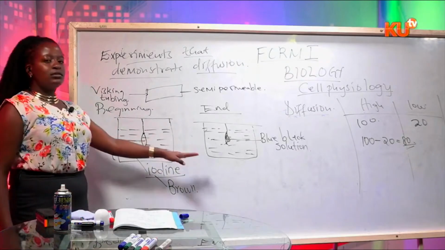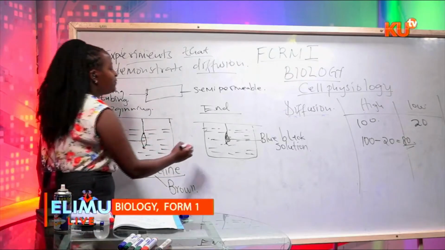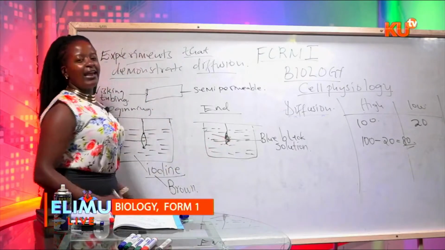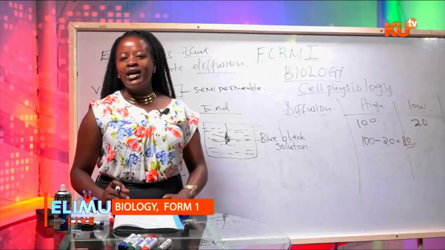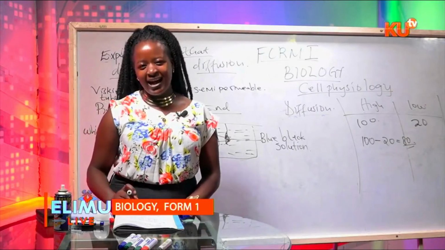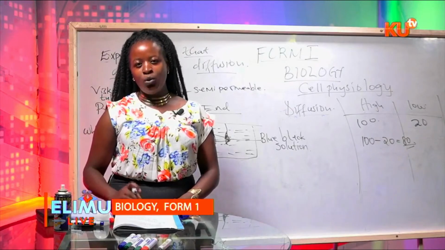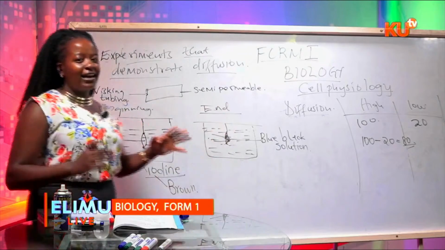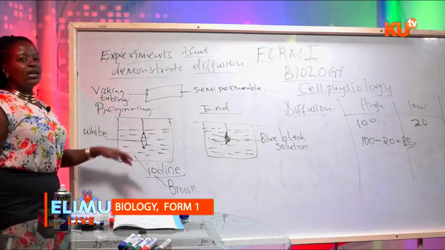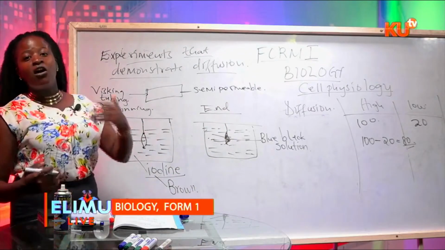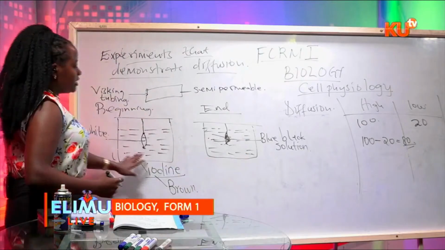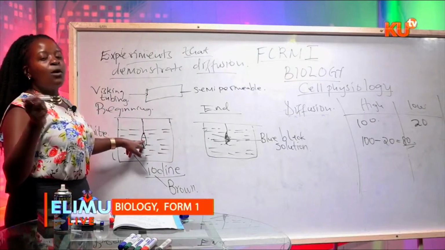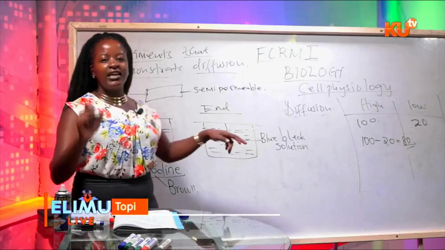So the molecules of iodine will diffuse into the starch solution, and this iodine will react with the starch to form a blue-black solution. The iodine molecules are greater in the beaker, so they will move from their region of high concentration, which is in the beaker, inside the viscose tubing where the starch solution is.